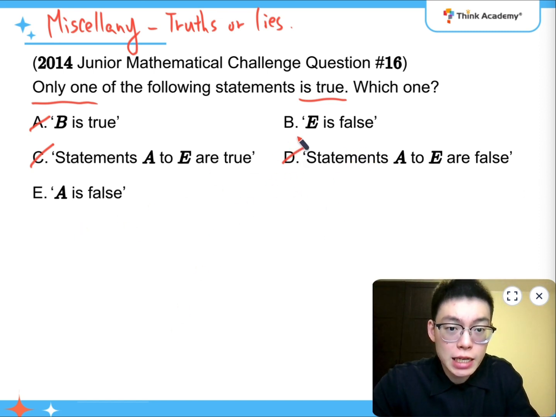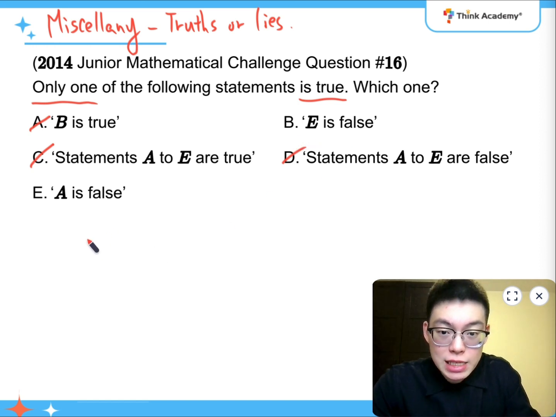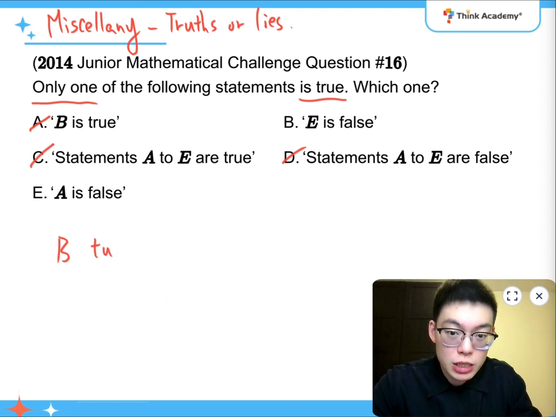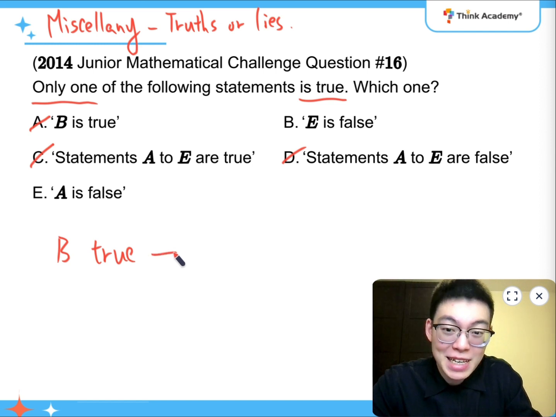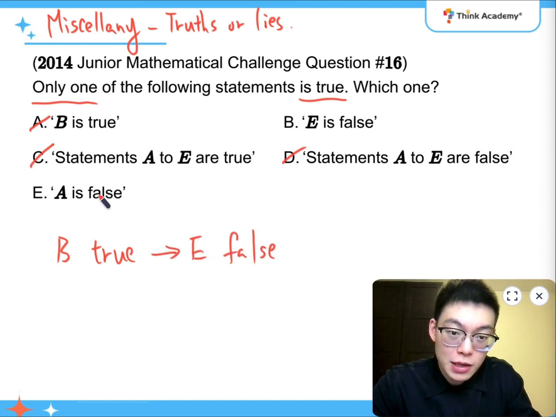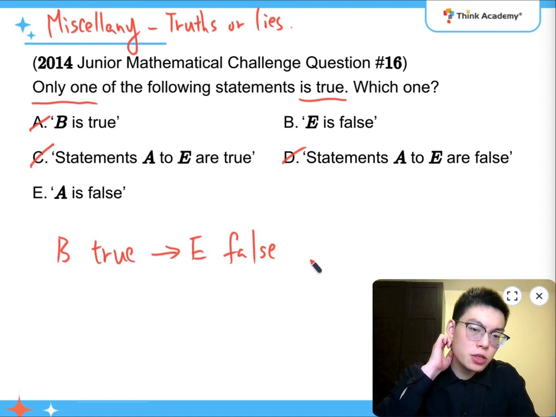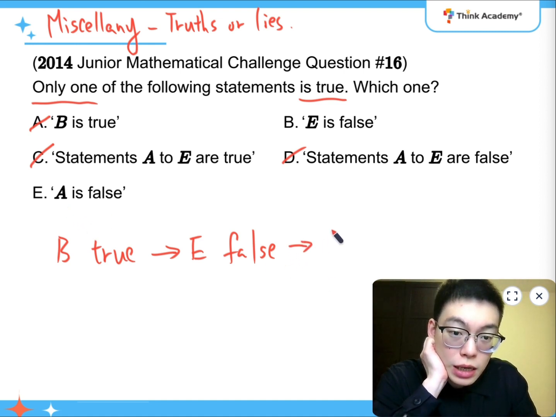All right, so let's take a look at B. B says that E is false. So if B is true, then E is false, which E says that A is false, which means A is true, because E is false, right?